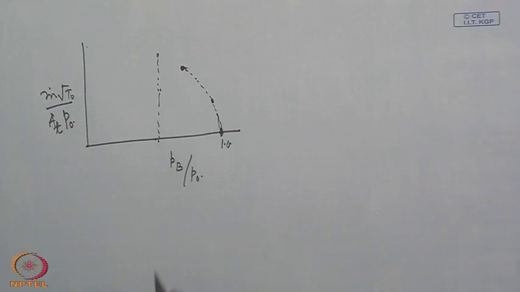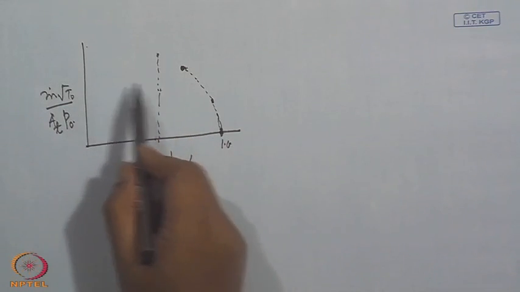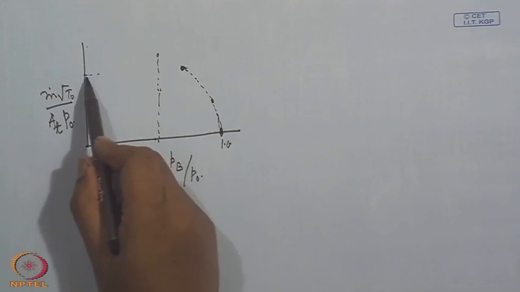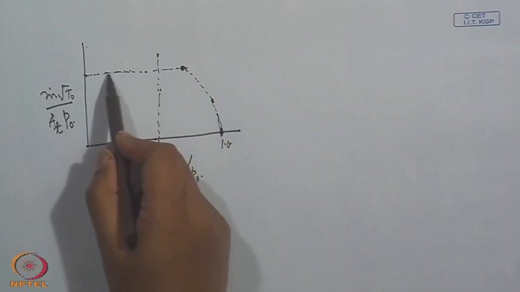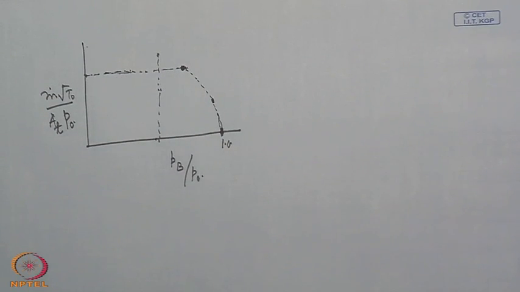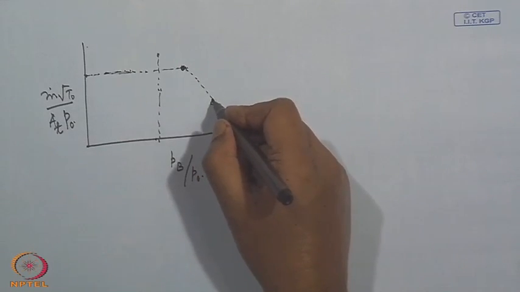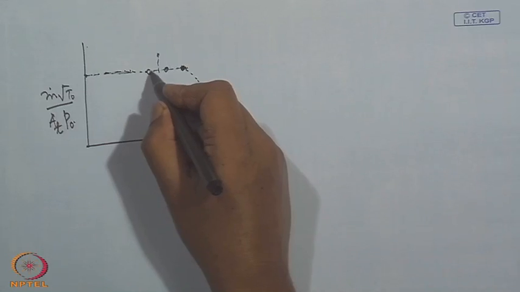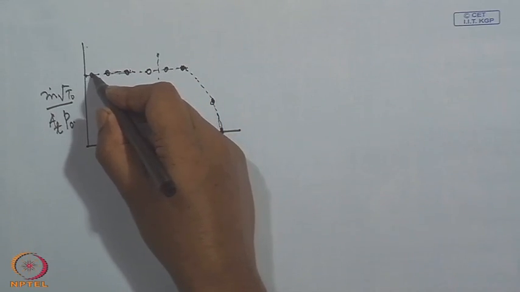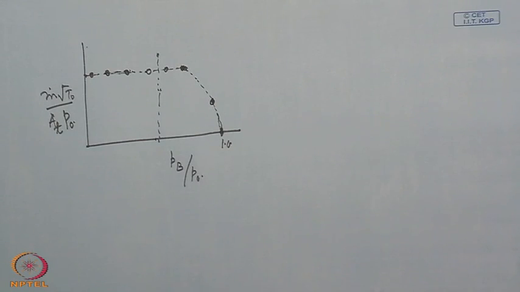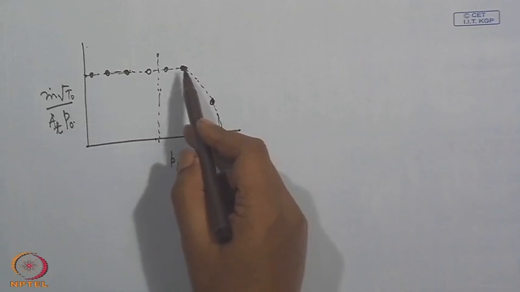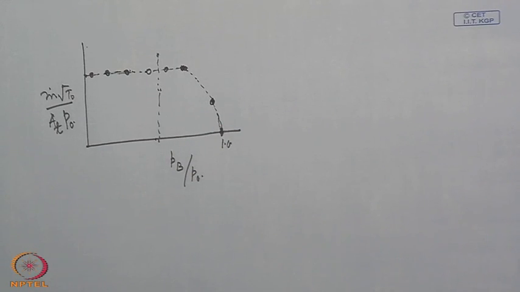When P b by P 0 reaches the critical level, what you see is that the choked condition is achieved when the pressure at the throat becomes P star, the sonic pressure, while the back pressure is still higher than that.